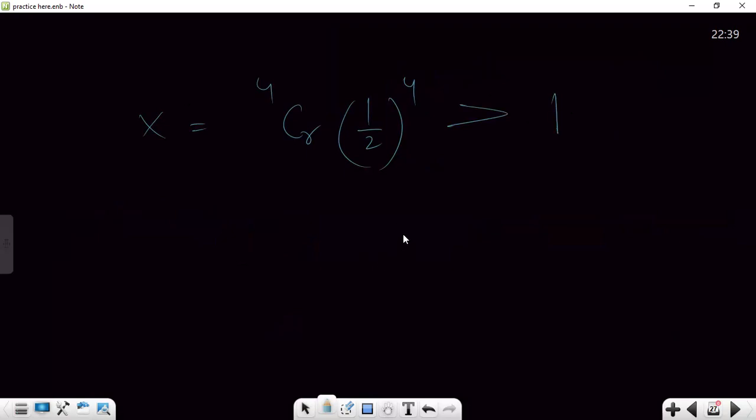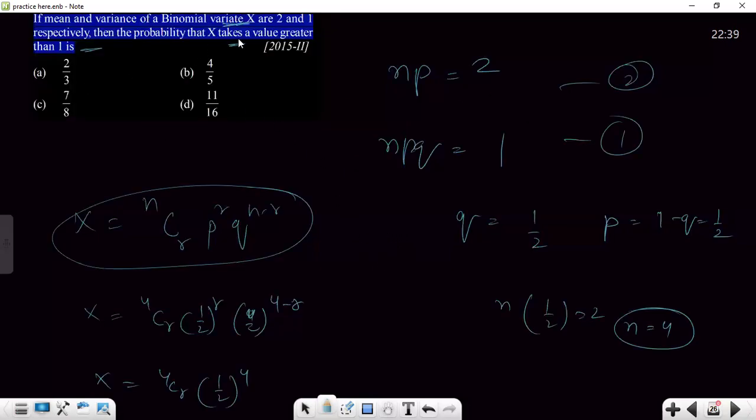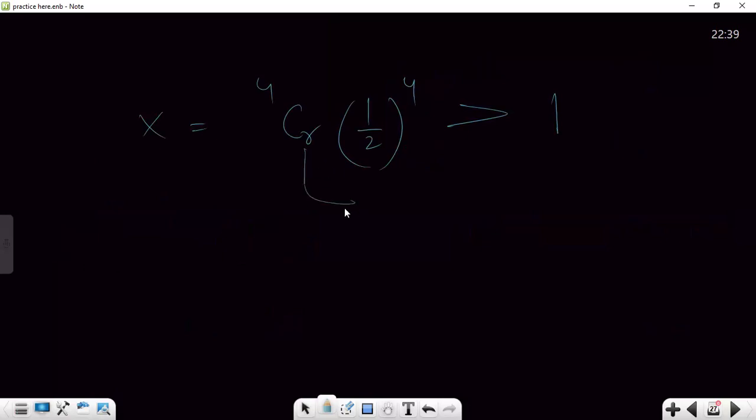Okay. So for what values of R does X take a value greater than 1? If we are writing 4CR, how many values of R can there be? 0, 1, 2, 3, 4, not greater than 4.